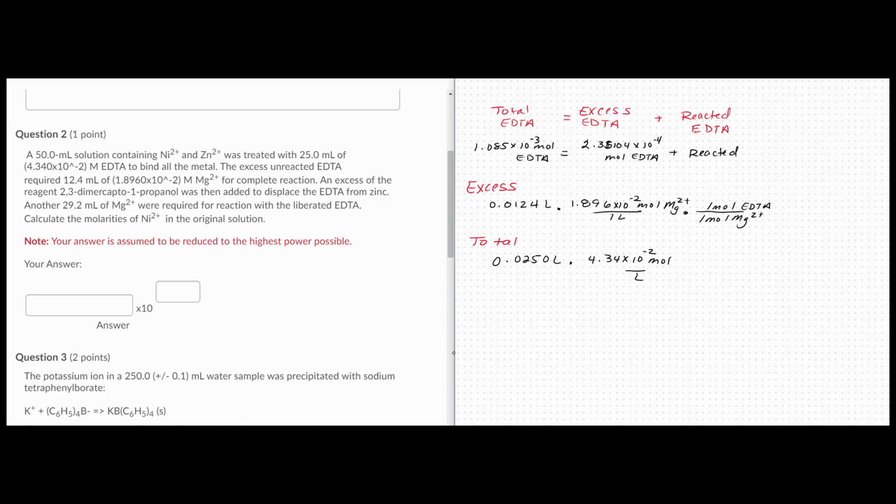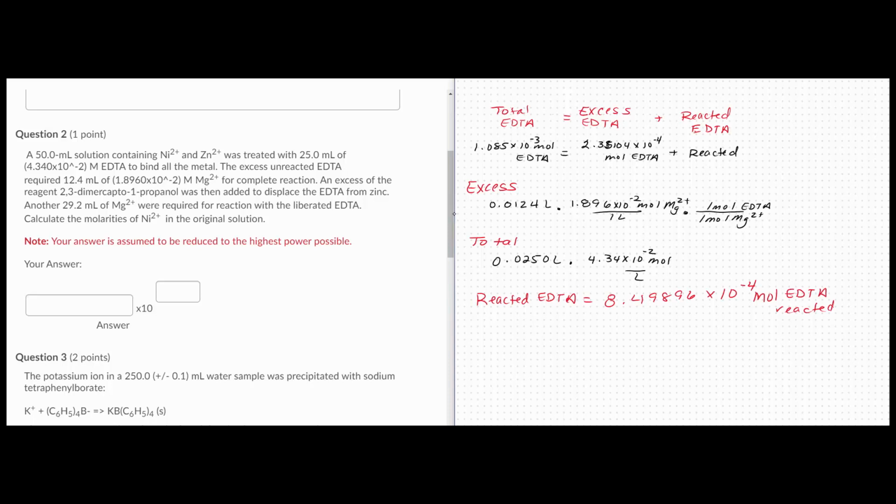So I know that my reacted EDTA is 8.49896, and I'm not rounding on purpose here, times 10 to the negative 4, and that's moles of EDTA that reacted. So now I can read the rest of the problem.